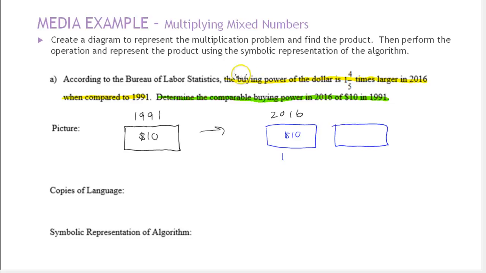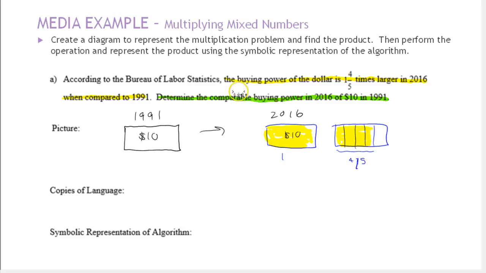So I'm going to take the $10, I'm going to cut it into 5 equal pieces. And we want 4/5. And let's shade in what we have. So here's our 1 and here's our 4/5. Okay. But we need to know what each of these 4/5 is equivalent to.